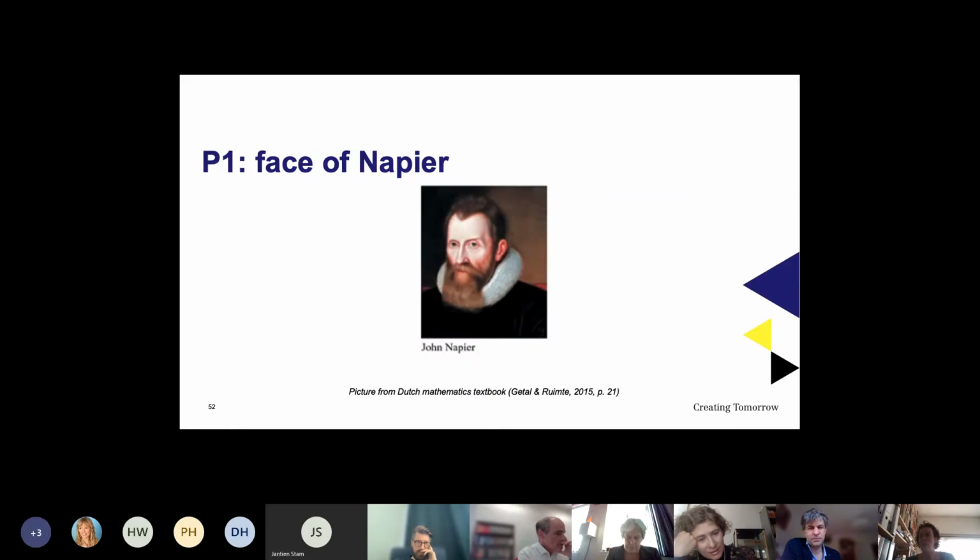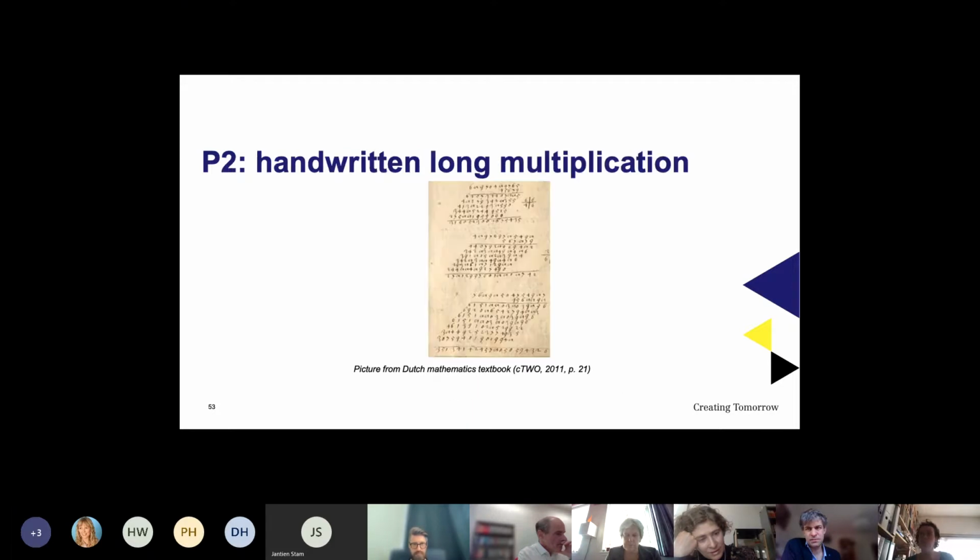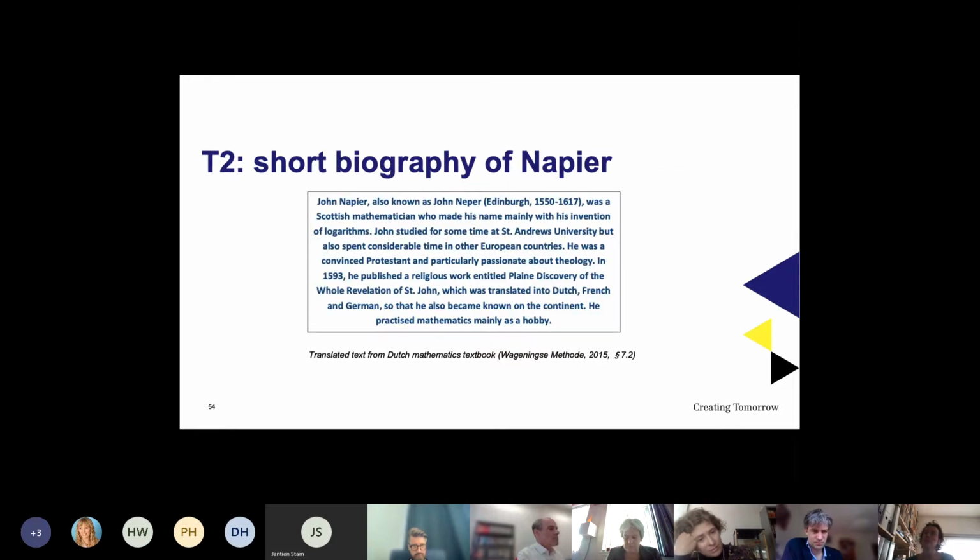This is a picture we put in the suitcase, just the face of Napier, which is from getallenruimte. This is also a picture from the C2 materials, which shows a lengthy multiplication as a reason why logarithms were devised. This is from Wageningse methode, a short bio on Napier, which says a lot about where he lived and what he did, but not so much mathematically what he did or the reason he did it.